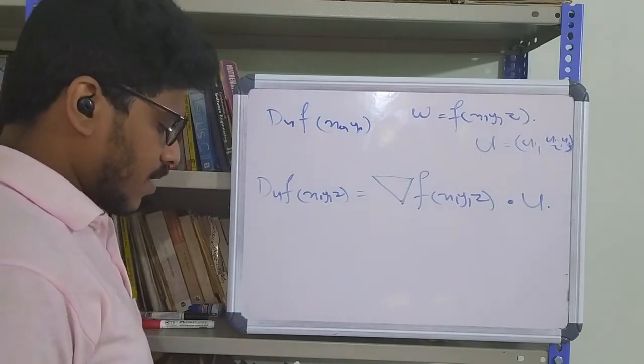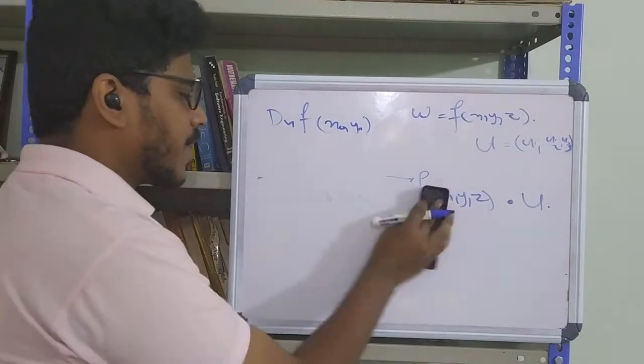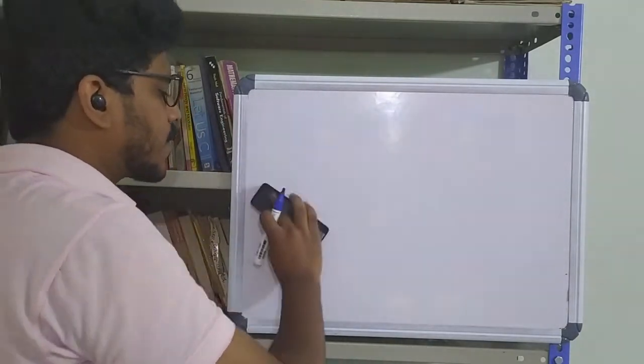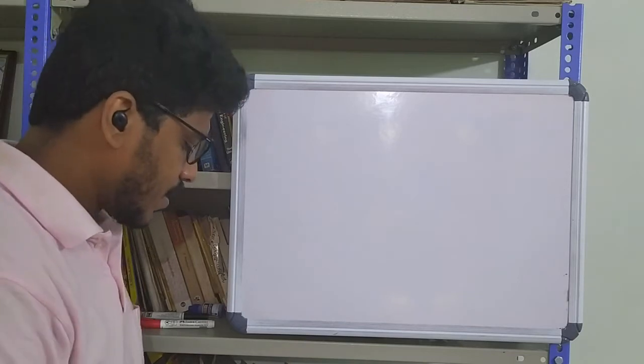So that's the case of three variables, and let's see an example that will make things a little more clear. Examples always help us to conceive things in a better sense.